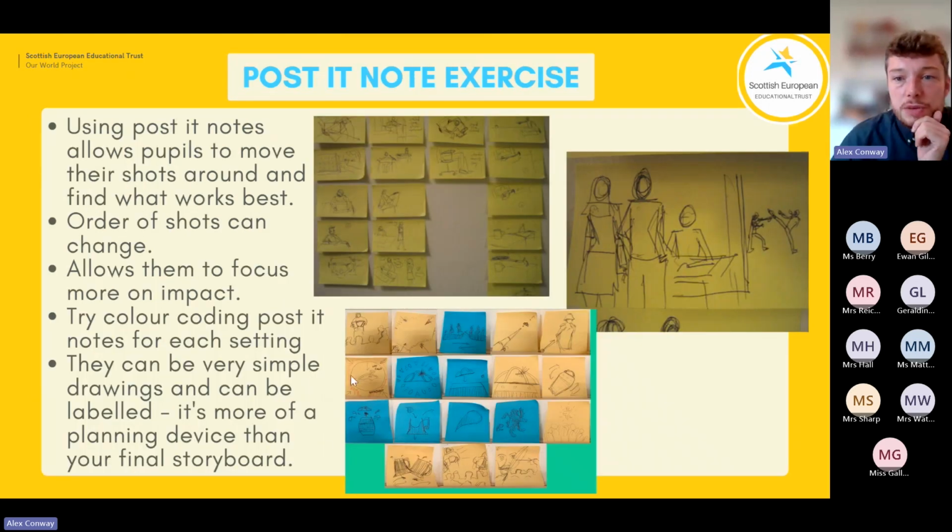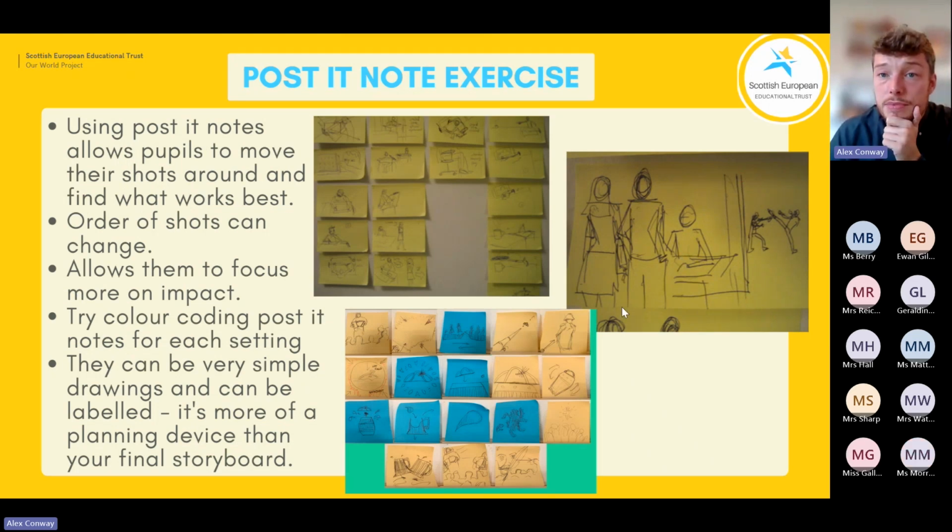Okay, so I mentioned before how useful Post-it notes can be when it comes to creating storyboards. This is a really useful method because it allows pupils to move their shots around and to find out what works best for their story before committing it to the final storyboard page.